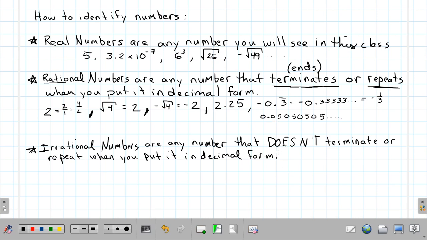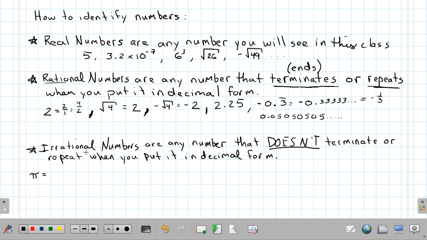Okay, so once again, keyword here is doesn't. All right, so if it doesn't do either of these things up here, it's what we would call an irrational number. And the most famous irrational number, I'll go ahead and tell you, is the number pi.